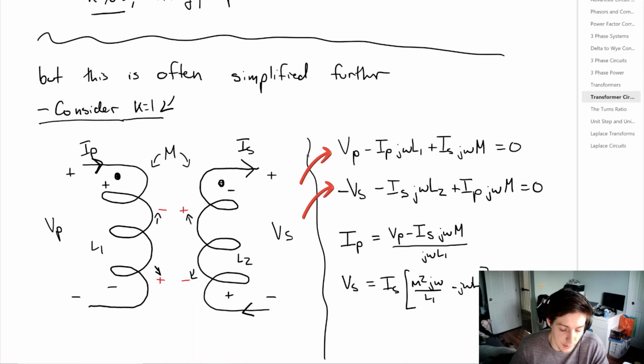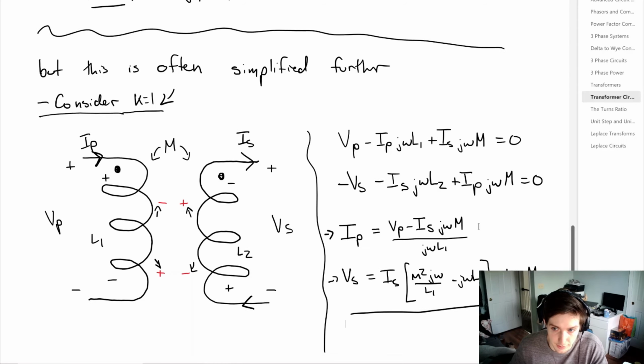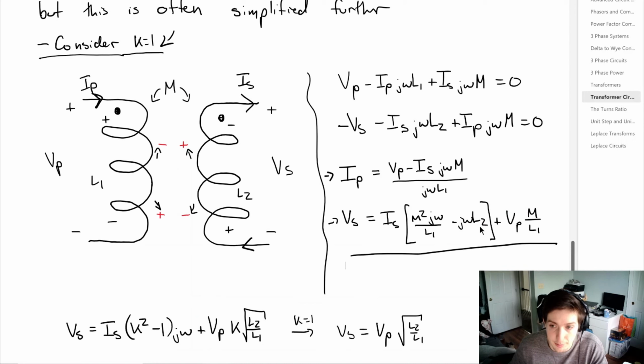Now from this, we're simply going to do a KVL, for which we can use substitution to solve for the primary current, for which we can manipulate equation 1, plug it into equation 2, and arrive at this term here.